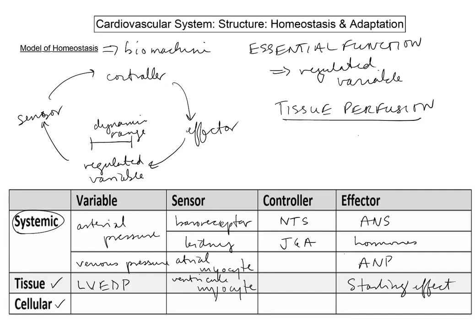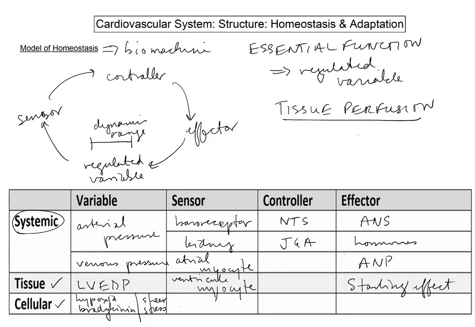At the cellular or molecular level, there are multiple regulated variables. These include hypoxia, bradykinin, prostaglandins, and other parameters. But in fact, there's also a mechanical monitor of shear stress, the actual resistance of flow along the surface of the cell.